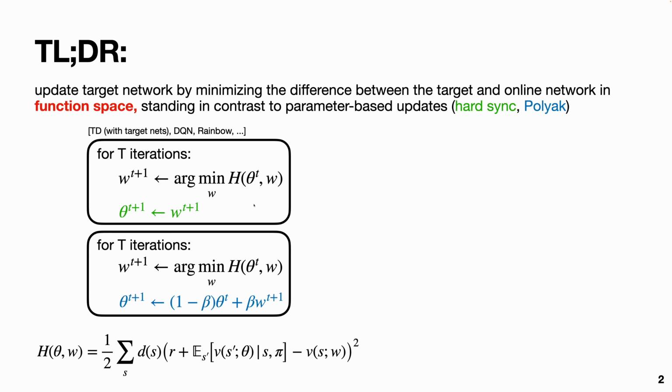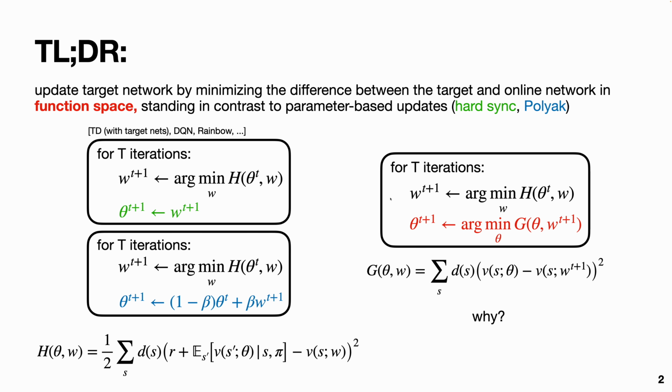Now we could generalize this slightly, and that's the idea of Polyak averaging, where we maintain a moving average of the online network by having this new beta parameter, which would reduce back to the case of hard synchronization when we set beta to 1.